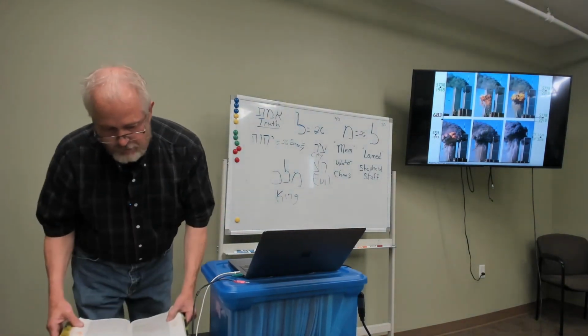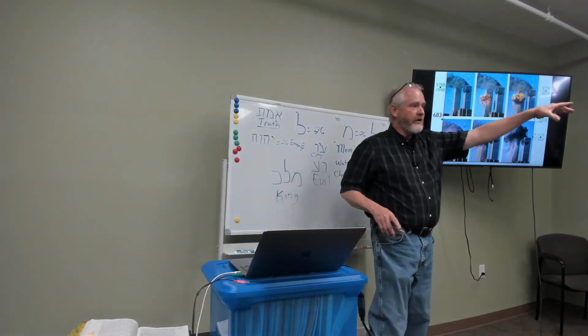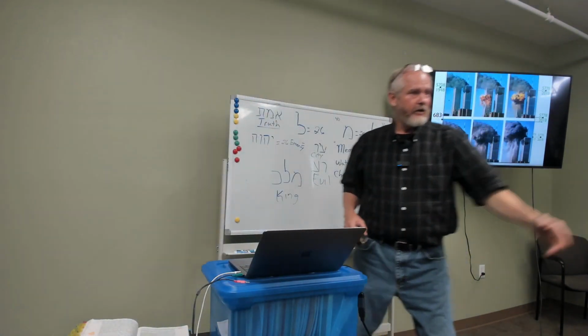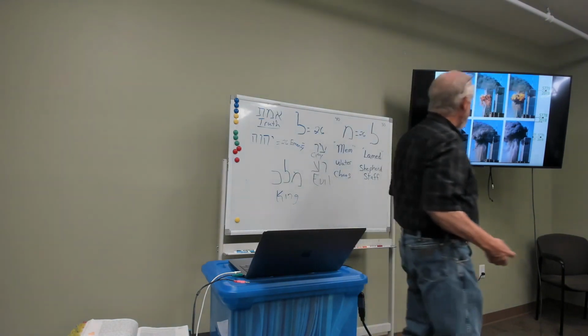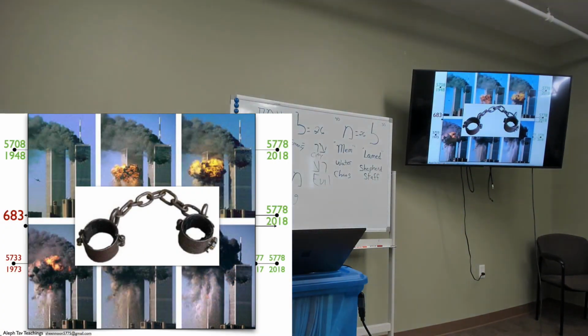Now remember this. Remember when the Twin Towers went down and it all had to do with this tree? Yes. And the roots? Yes. What happened is we were bound to it. Because he says, birds scatter. However, leave a major root in the ground, secure it with a band of iron and copper.